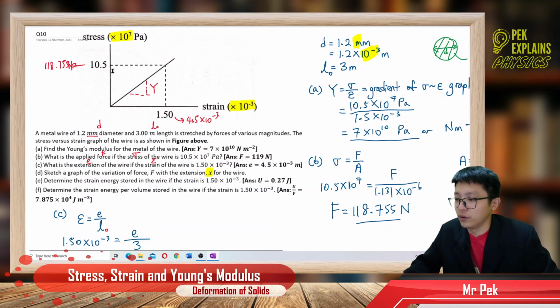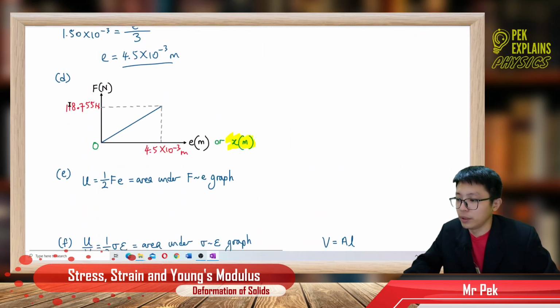So for this force, it has this elongation. 118 corresponds to 4.5, yeah, they are proportional. If you want to make it simpler, you can make this exponent negative 3 millimeter. We just put 4.5 here, and then here you put millimeter. Also can. This is the answer.